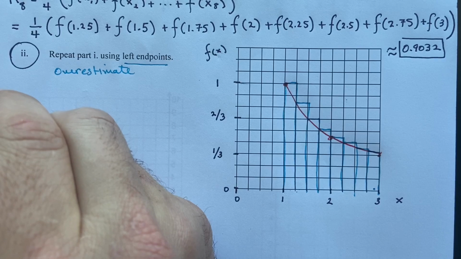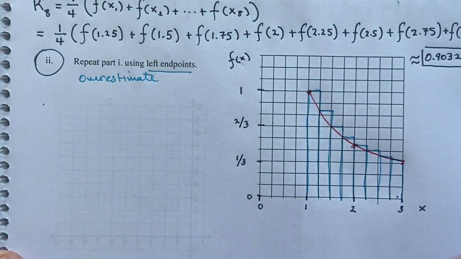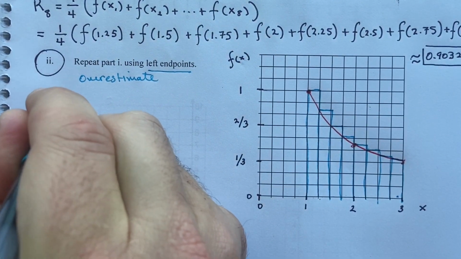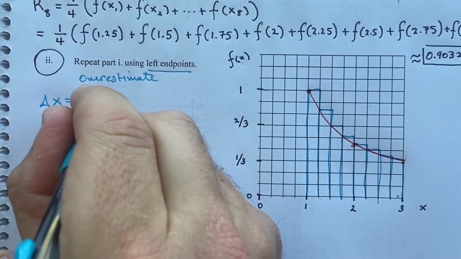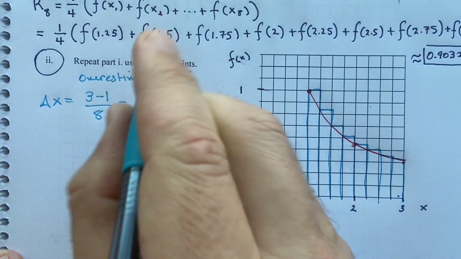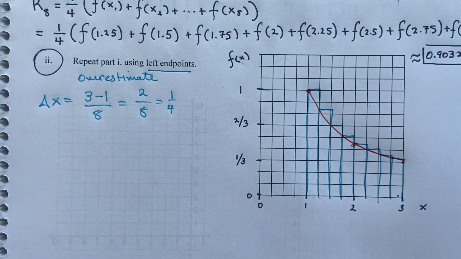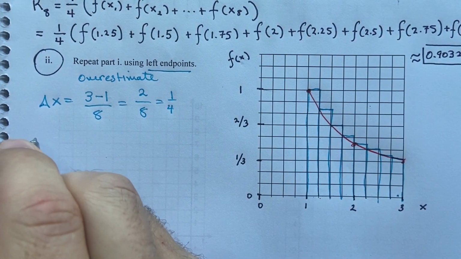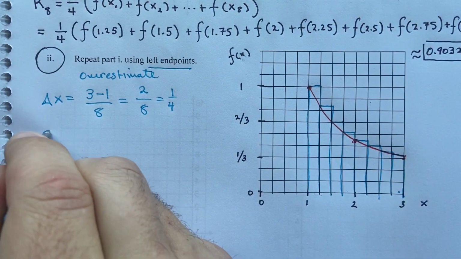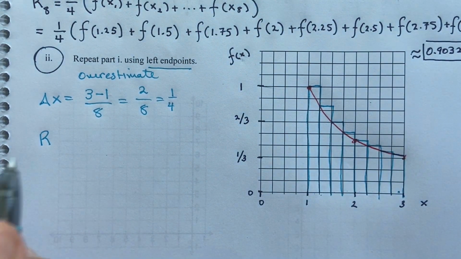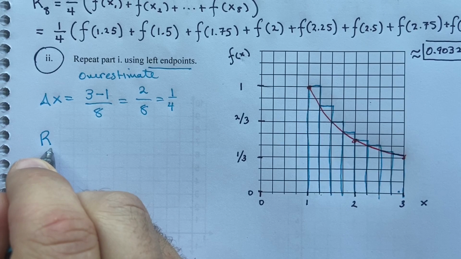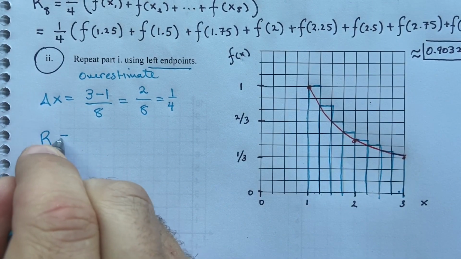So again, we'd have delta x as 3 minus 1 over 8. In other words, 2 over 8, or a quarter. And then I would have my Riemann approximating rectangles here. So this R would be these approximating rectangles, sub 8.